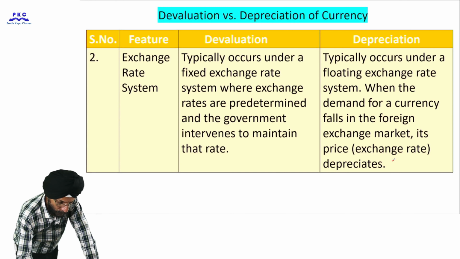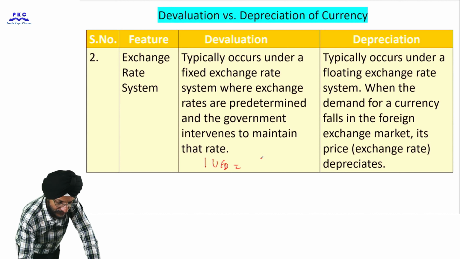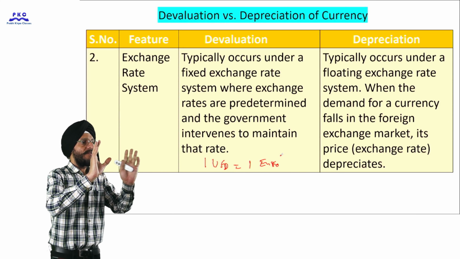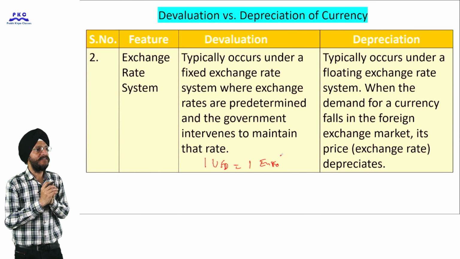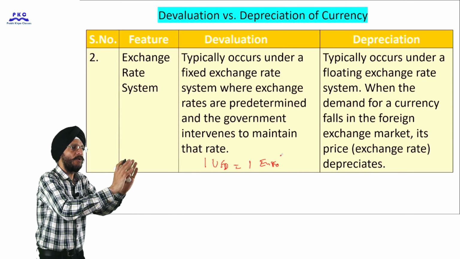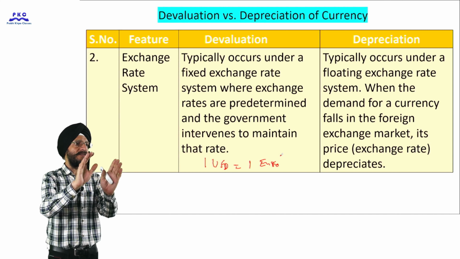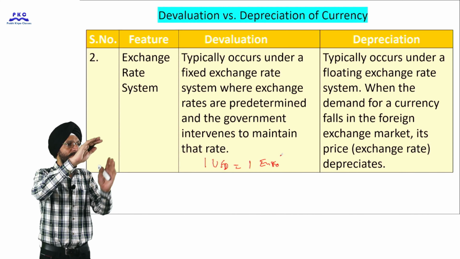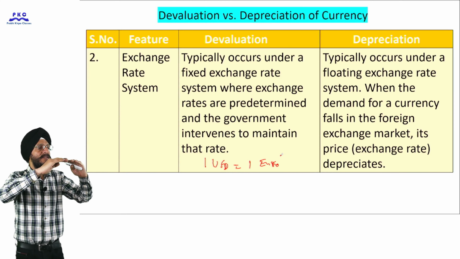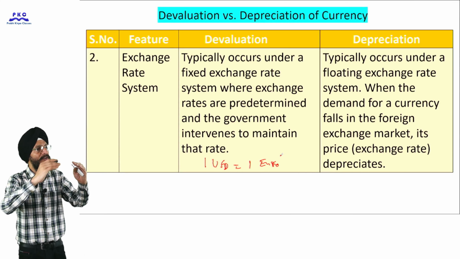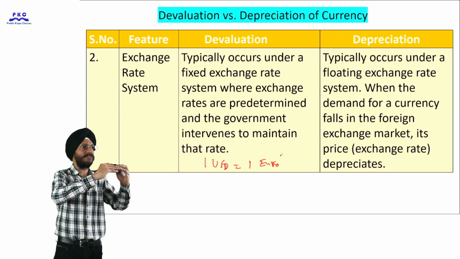We take the example, suppose the European Union decides that 1 euro should be equal to 1 US dollar and it should remain so, and to maintain that balance it will take steps so that the value of 1 euro remains equal to 1 US dollar.